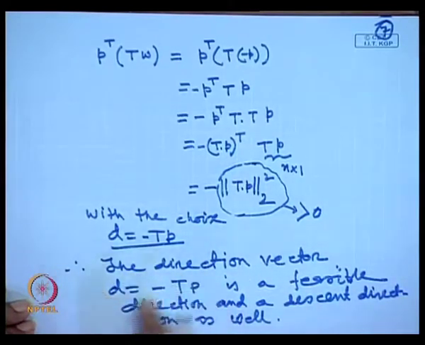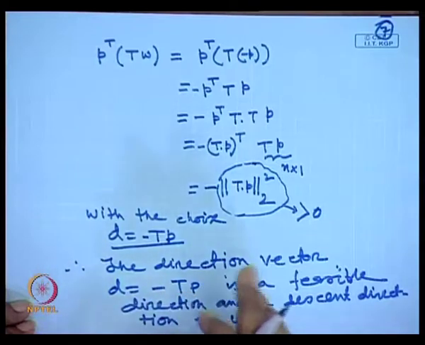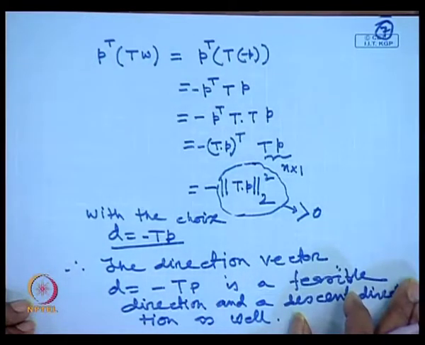If you select d equal to minus T p, we will simultaneously achieve both the objectives. Now let us take one simple example and see.